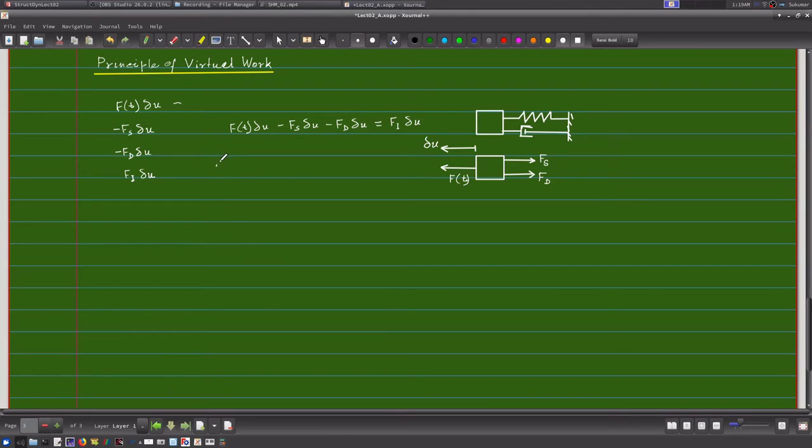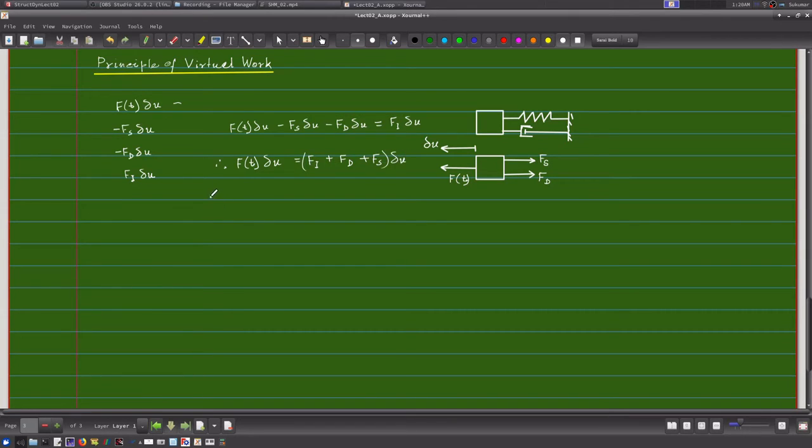And therefore, once again by transposing, I get that Ft times delta u will be equal to Fi plus Fd plus Fs times delta u, right?